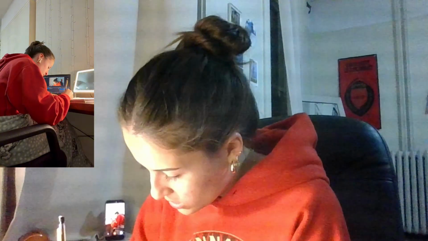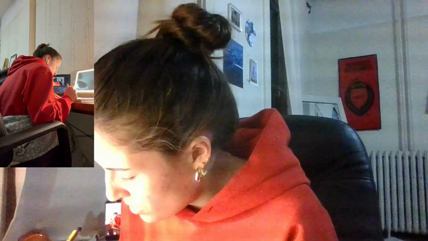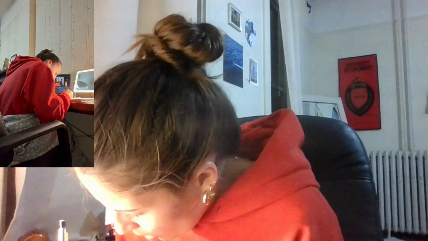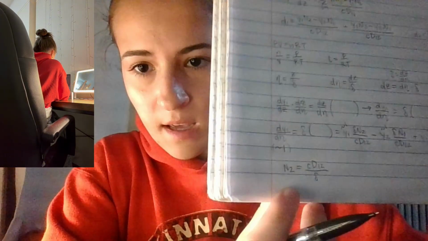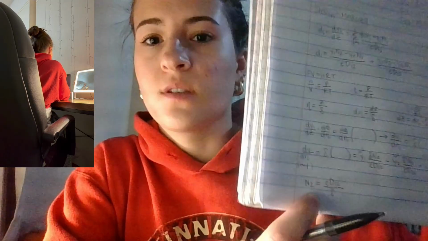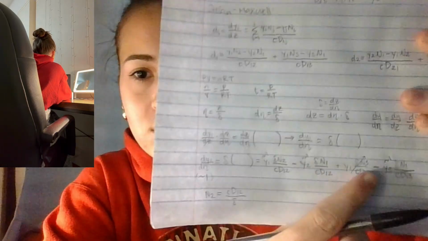So if we rearrange it and say that N2, or flux of 2, is going to be equal to, and then that'll turn into concentration times our diffusive value of 1 and 2 over the delta, or that length. So we've just simplified this right here and solved it for the flux of 2, and this is how we're making our guess for flux of 2. Because this is the only value here that has N2, so we can solve for that.